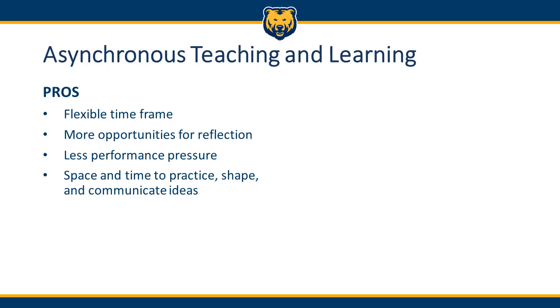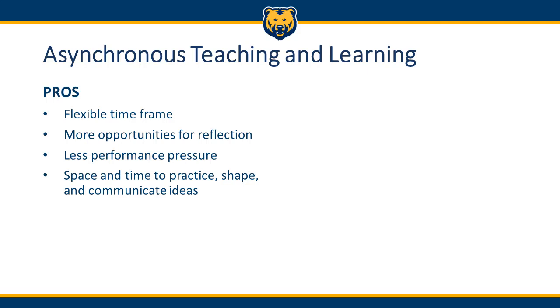There are also more opportunities, and when we think about our younger students or students who are not used to being students yet, just getting going, there are more opportunities for reflection. And we have to get them engaged first, clearly, but they do have more time in an asynchronous space to think about what they want to say. In a synchronous classroom, there's a little bit more performance pressure, and sometimes you'll have students who will just fall back and just listen.